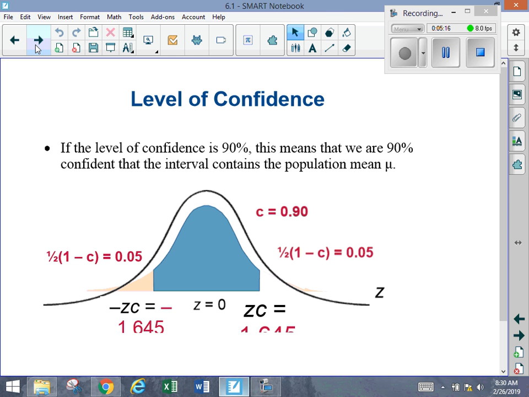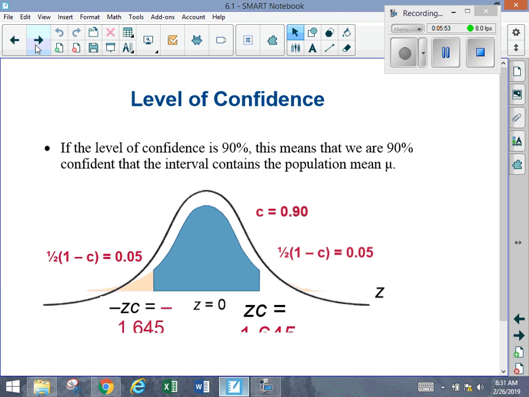What that means, if you're to interpret your level of confidence, it doesn't mean, number one, that there's a 90% chance that that's what it is. Definitely not, okay? It's not a probability. What that 90% is saying is that if you were to take, for instance, with the Facebook thing, a bunch of samples of size 30, right? And you calculated a confidence interval for each of those, 90% of the time, the actual mean of the population would be contained in that interval, right?